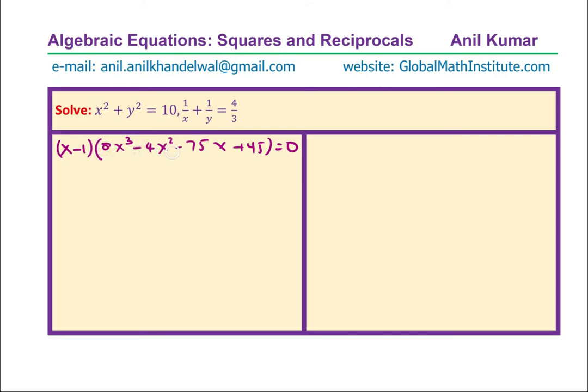For the cubic equation, we can now substitute x equals 3. So we know that x equals 3 is the solution. So we can divide by x minus 3.